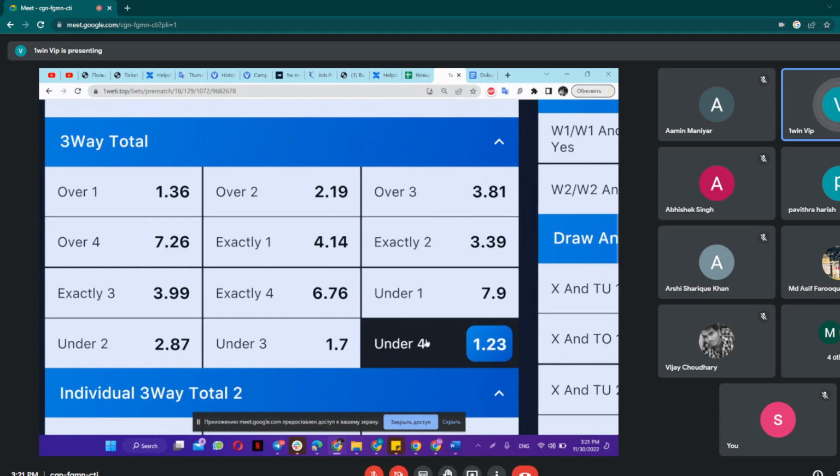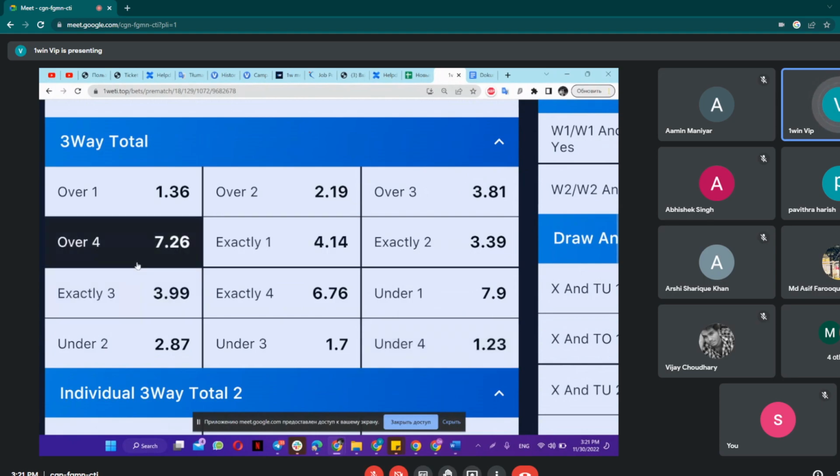If we have 5, we will obviously lose because it's already more than 4, and we should have less than 4 to win. Same situation with three-way total over 4. We bet that the total of the game will be more than 4, not including 4.